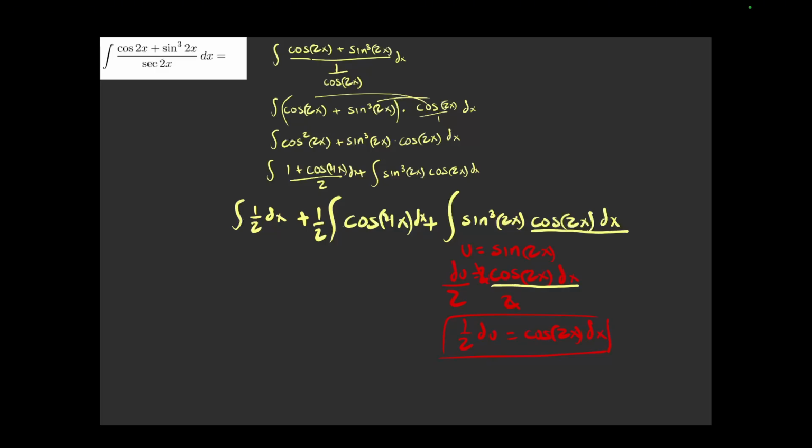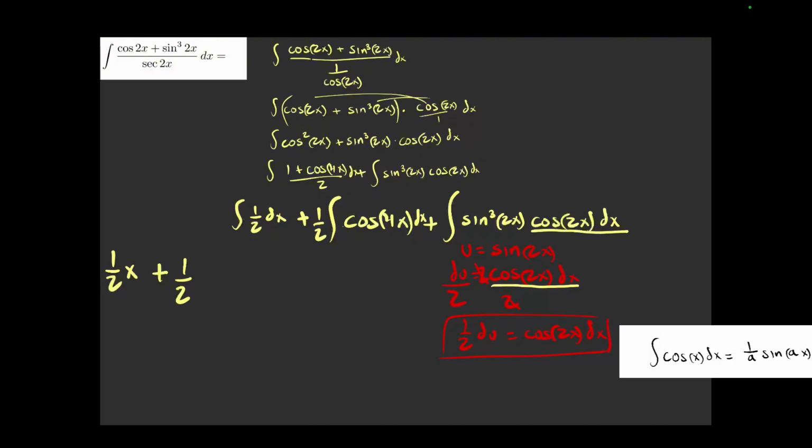So the integral of 1/2 dx is just 1/2 x plus 1/2 integral of cosine 4x dx. The integral of cosine is sine. Well, actually, the integral of cosine ax dx is 1 over a times sine ax.